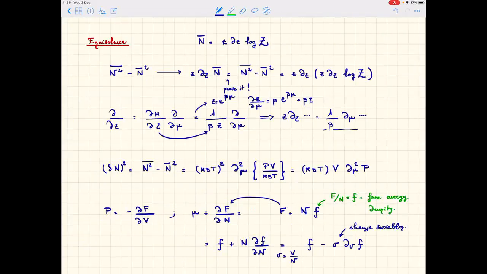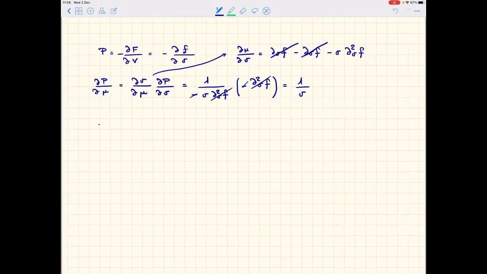So this was the first derivative. In order to sort out my problem, I have to compute the second derivative. So d squared P d mu squared is equal to d mu of 1 over V, which is equal to minus 1 over V squared dV d mu. This is equal to, again, I use what I wrote down before, plus 1 over V squared times 1 over V d squared V f.